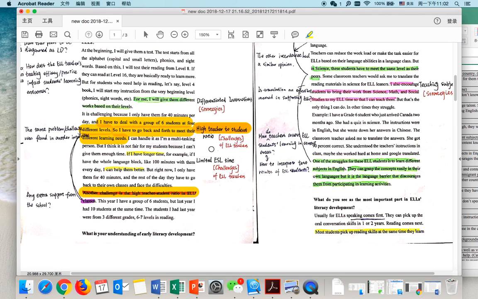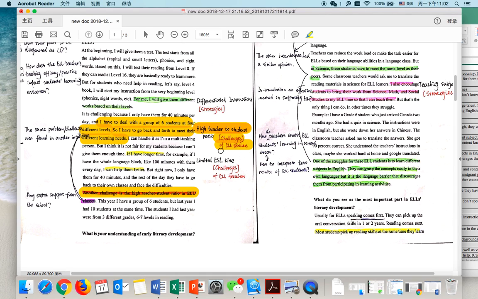And after I did all the coding, I found that it was actually talking about challenges of ELL teachers. So I wrote down the theme to show which larger category it should go to.